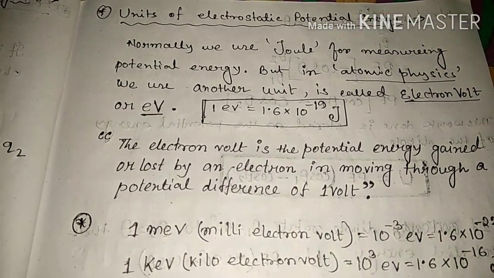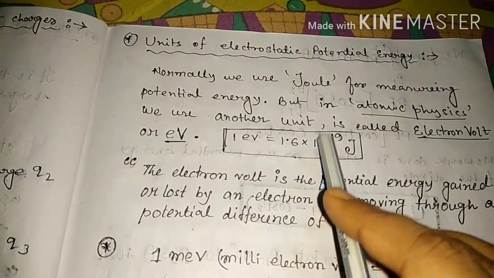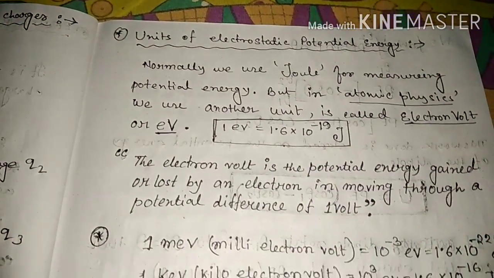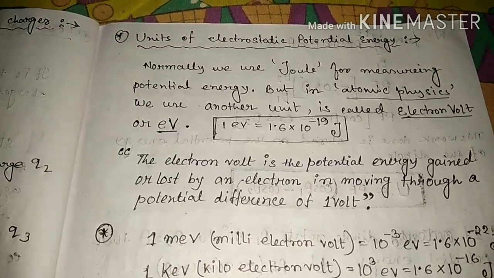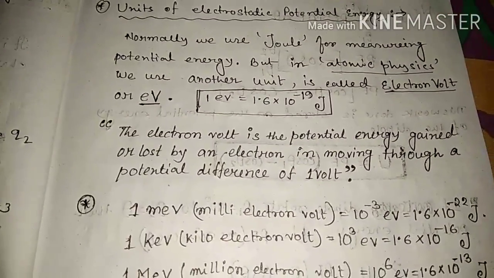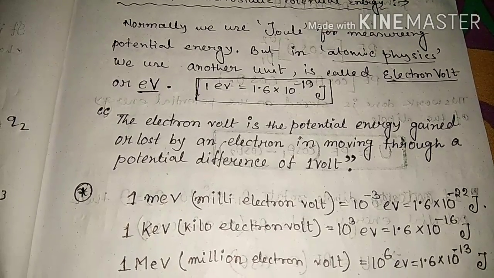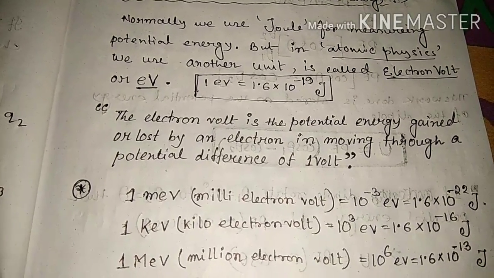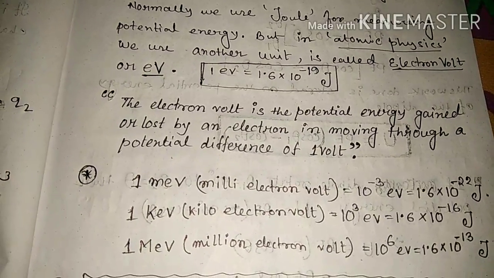When this eV is converted to joule, 1 eV equals 1.6 into 10 to the power minus 19 joule. This is the charge of an electron. So how do we define the electron volt? The electron volt is the potential energy gained or lost by an electron in moving through a potential difference of 1 volt.